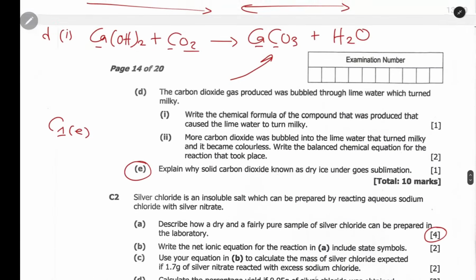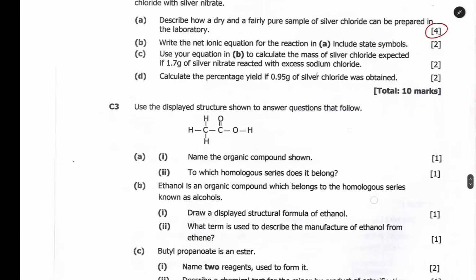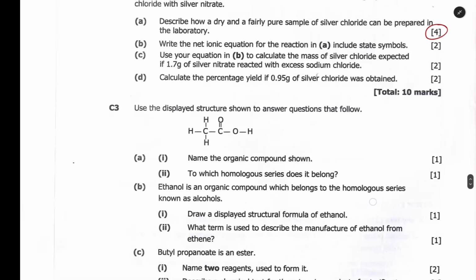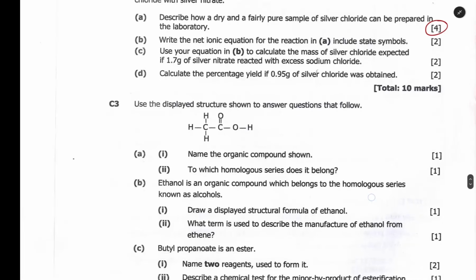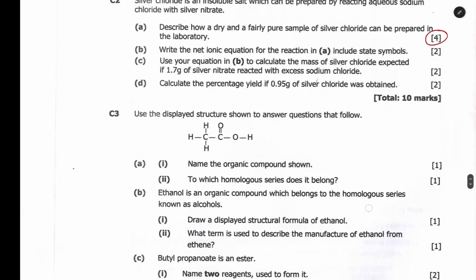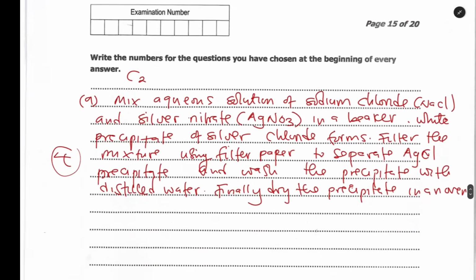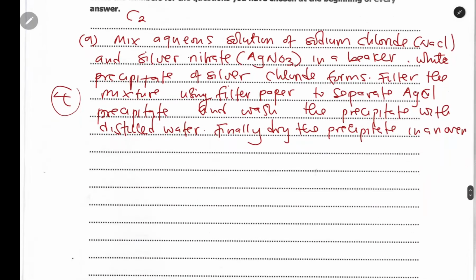Let us go to the second question now. So for the second question of C2, write the net ionic equation for the reaction, including state symbols. So for this reaction that is occurring in the first part, the reaction first is sodium chloride, which is aqueous, plus that is the silver nitrate, which is aqueous.